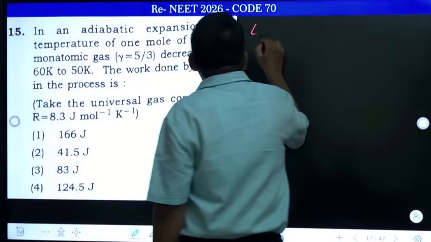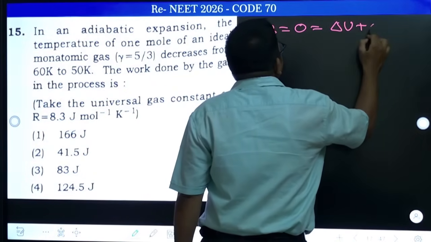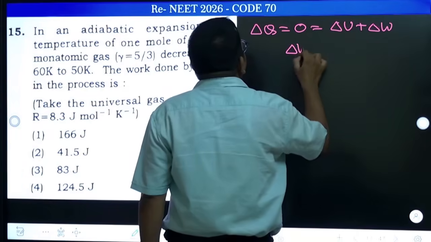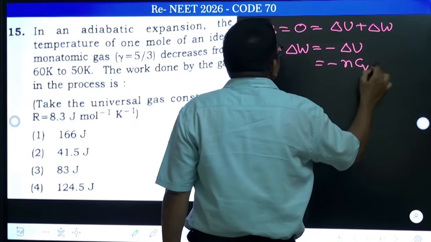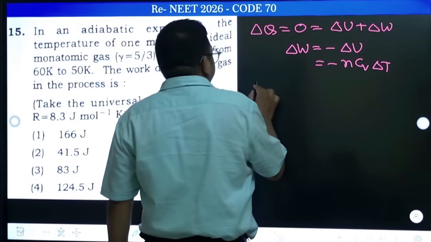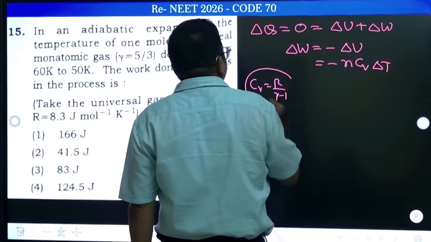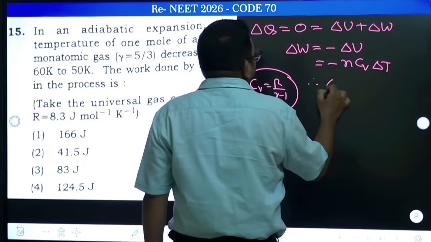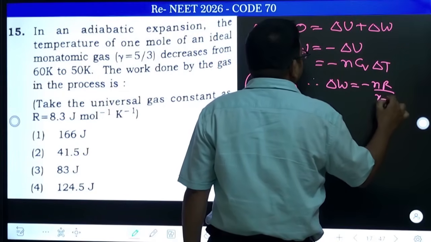So delta Q is 0, delta Q is delta U plus delta W. So work done we will calculate using minus delta U. Delta U is n CV delta T. And we know that CV is equal to R by gamma minus 1. This we can substitute here. So delta W is minus n R by gamma minus 1 delta T.